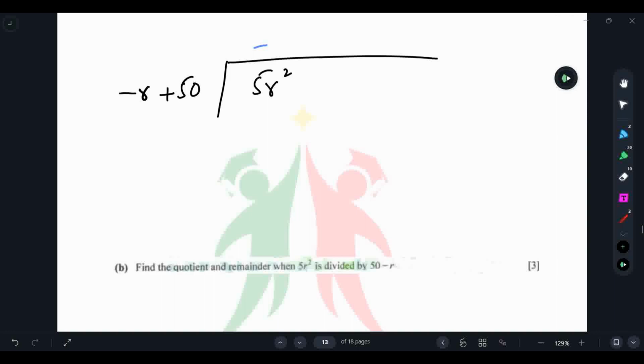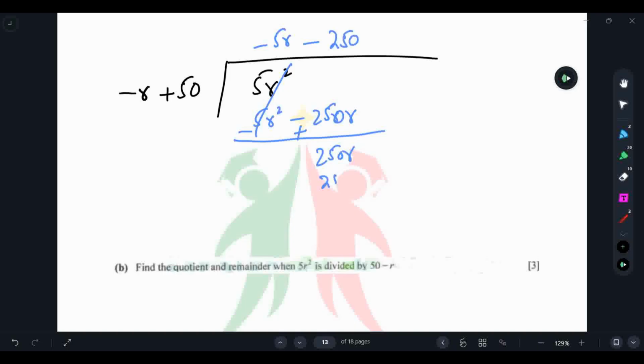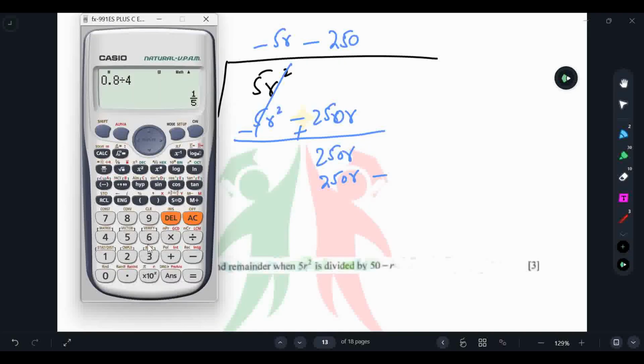If we multiply minus r with minus 5r, the answer will be 5r square. If we subtract it, this will be 250r. Now we need to multiply it with minus 250. So this will be 250r minus 50 into 250, which will be 12500.